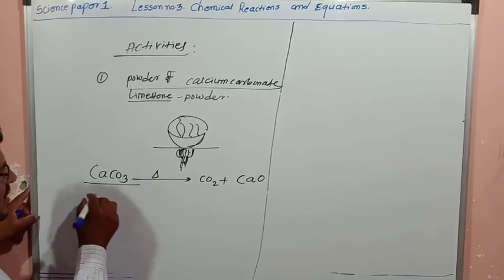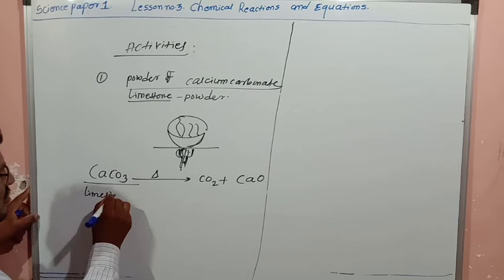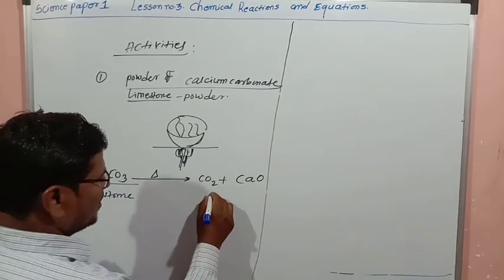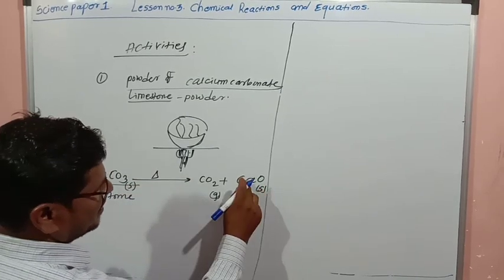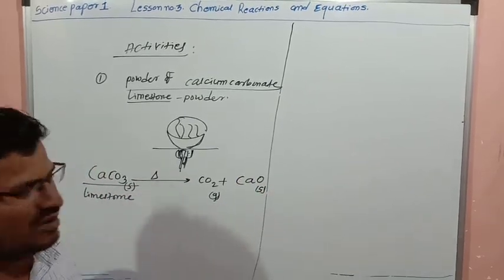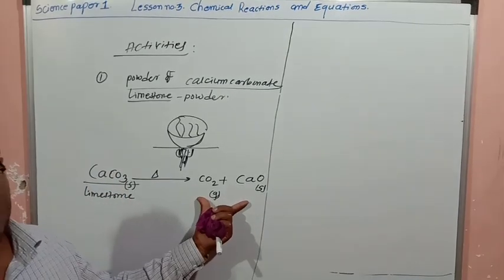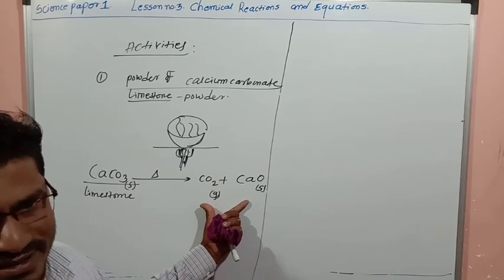This one is limestone, this one is carbon dioxide gas, this one is solid, and this one is also solid, calcium oxide. So calcium carbonate will break into two other compounds. This is a chemical reaction.